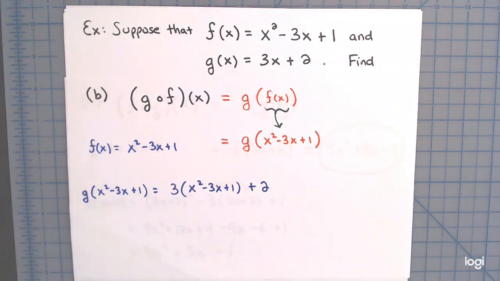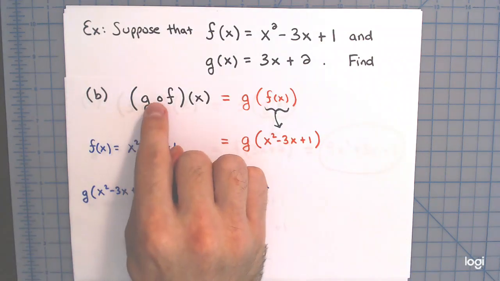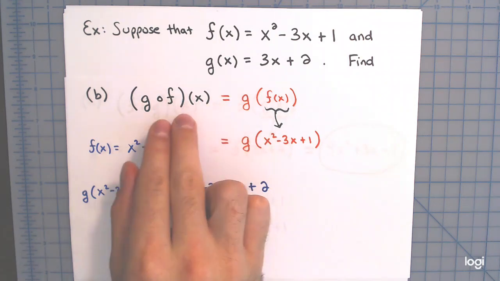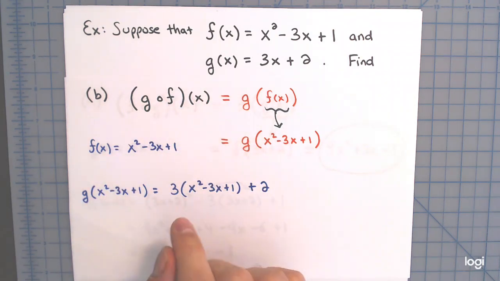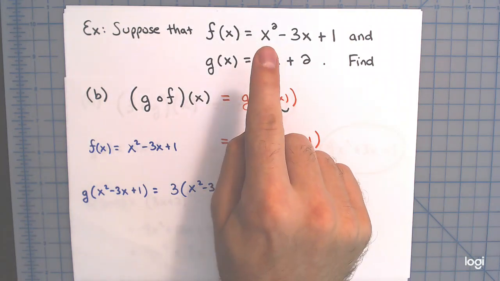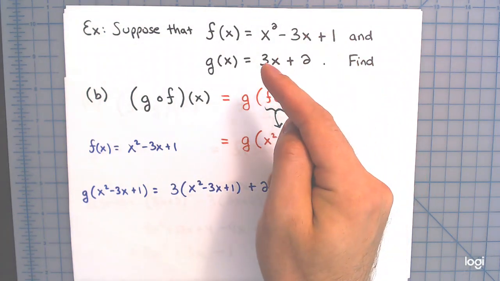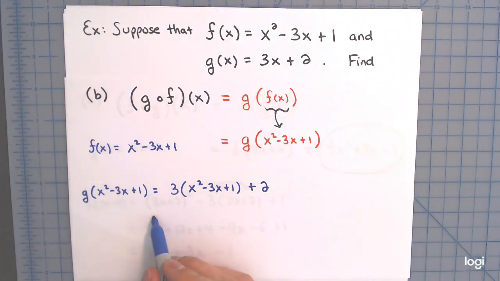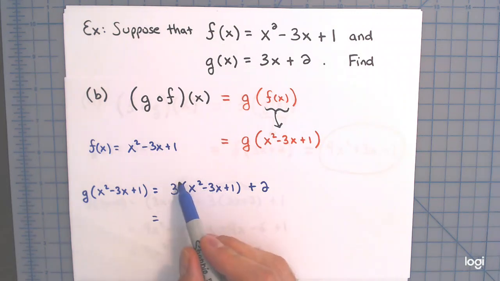So you see what I'm saying: when you do function composition, it's just taking that first function and substituting the rule into the second function. I took the rule for f and replaced all the x's in g with that rule. I substituted it into the rule for g. And then of course simplify. I have a 3 to distribute here.